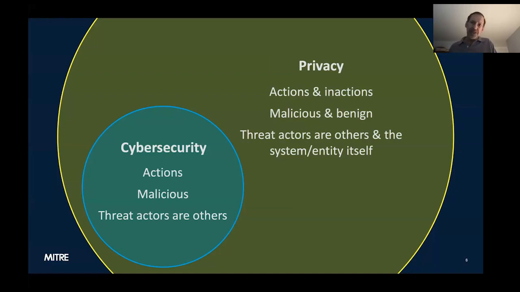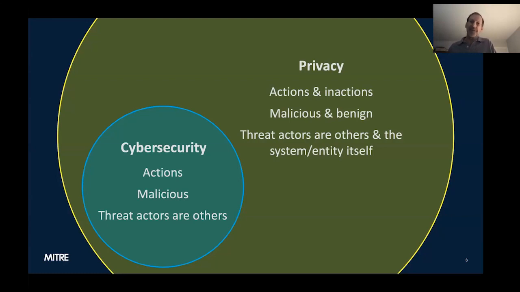And all of that can be true of privacy as well. You can have malicious others who are trying to do something to compromise privacy. But privacy is different in that it's broader than that. Because in privacy, threats can arise from inactions as well as actions.